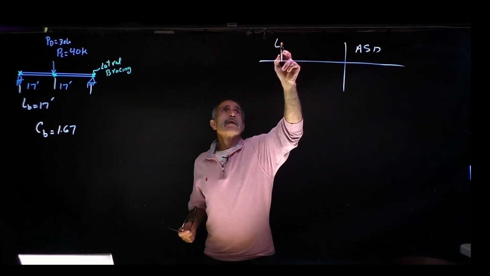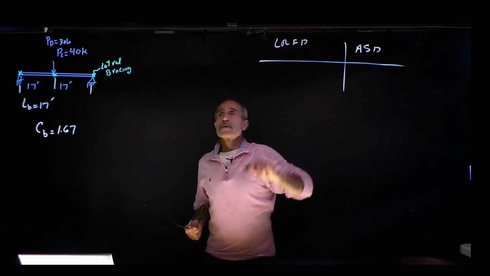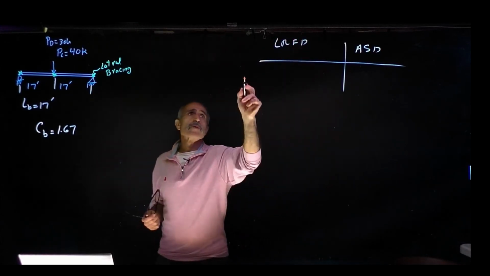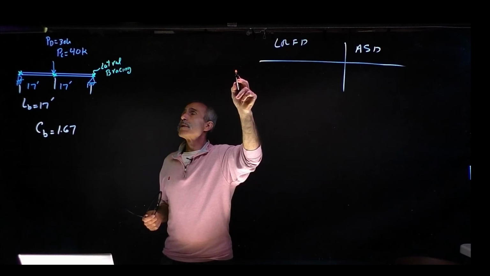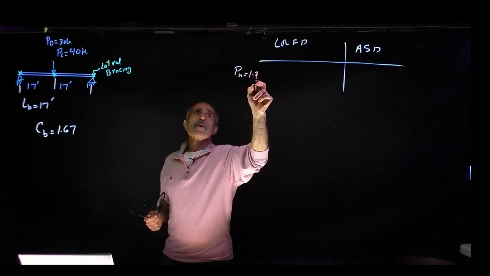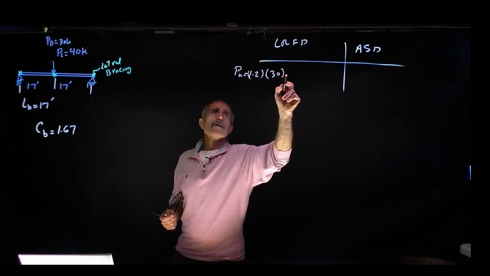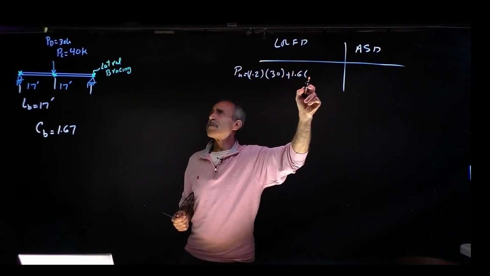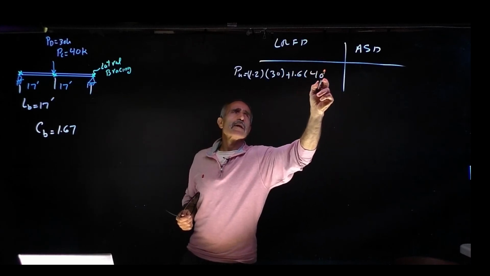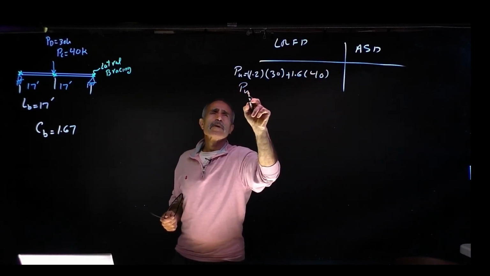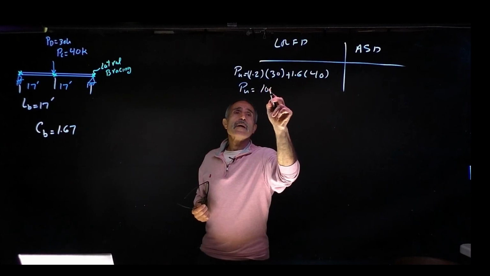Say this is ASD, and this is load resistance factor design. So we have 1.2. That'd be Pu: 1.2 times dead load, which is 30, plus 1.6 times 40, and Pu comes out to 100 kip.